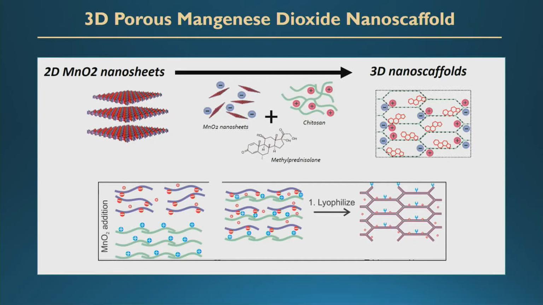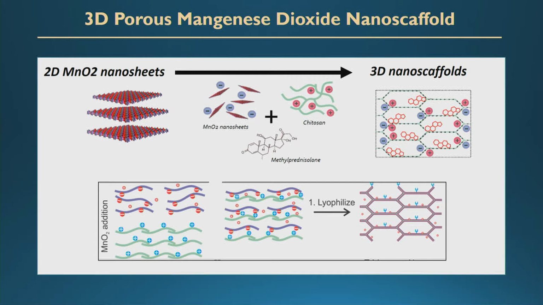The way this material is produced, as I told you, starts with the deposition of manganese dioxide to form these nanosheets, as you can see here on the left. And then to create the three-dimensional structure, our collaborators added positively charged chitosan molecules.